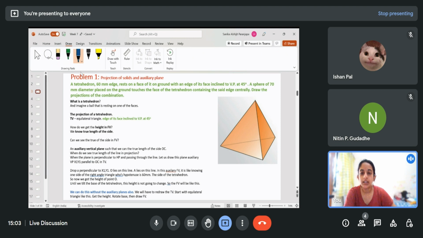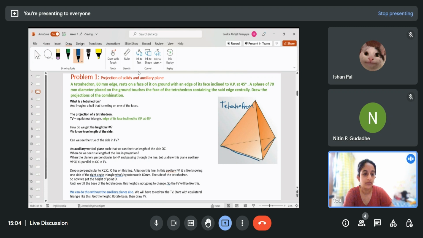So, a tetrahedron which has 60 edge. So, that means what is a tetrahedron? It has four sides, four of which are triangles. So this figure here is a tetrahedron. What is given is it has 60 edge.